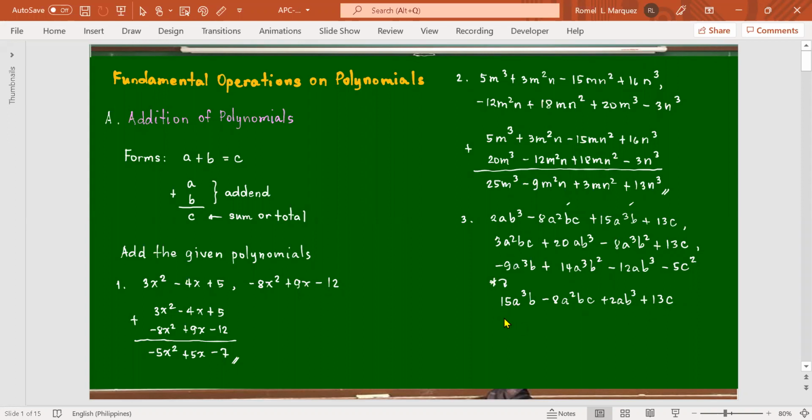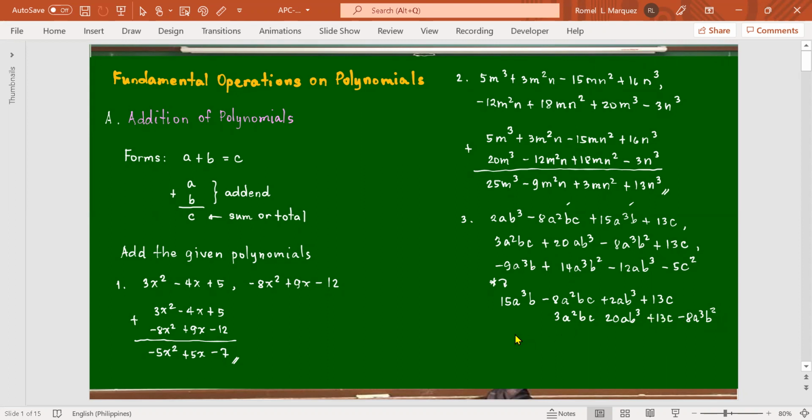What about the second one? 3a squared bc aligned here, 20ab cubed. Next is negative a cubed b squared. The problem is, it has no similar term, no? So right here, negative a cubed b squared plus 13c. 13c, I think, similar here.